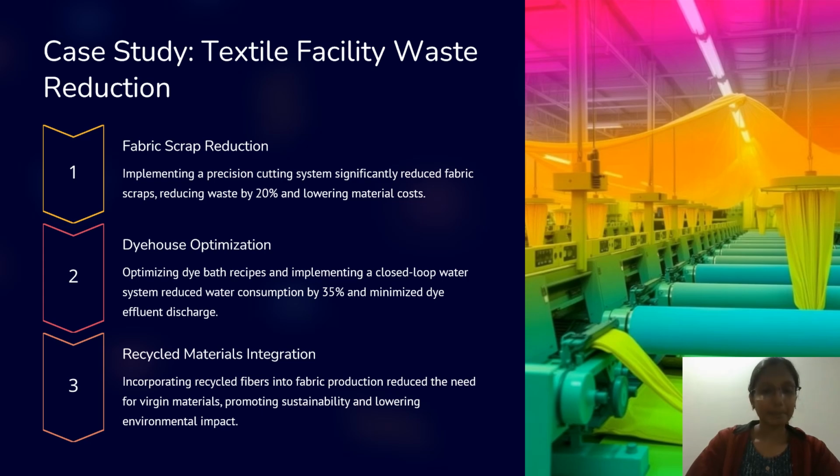Optimizing dye bath recipes and implementing a closed loop water system reduced water consumption by 35% and minimized dye effluent discharge. Then I have recycled material integration. Incorporating recycled fibers into fabric production reduced the need for virgin materials, promoting sustainability and lowering environmental impact.